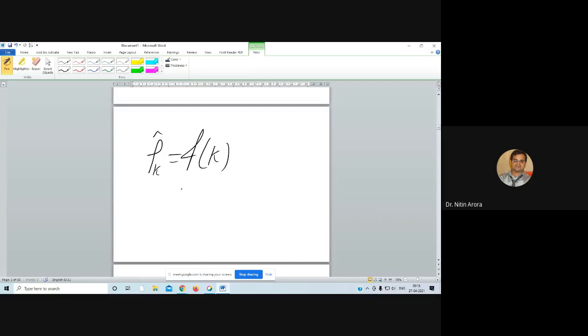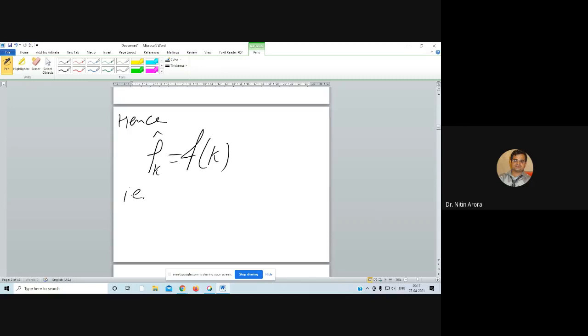It means as k is changing, this autocorrelation is changing, because obviously the autocovariance is changing. That's why this is called the autocorrelation function. Hence rho k cap is equal to f of k.